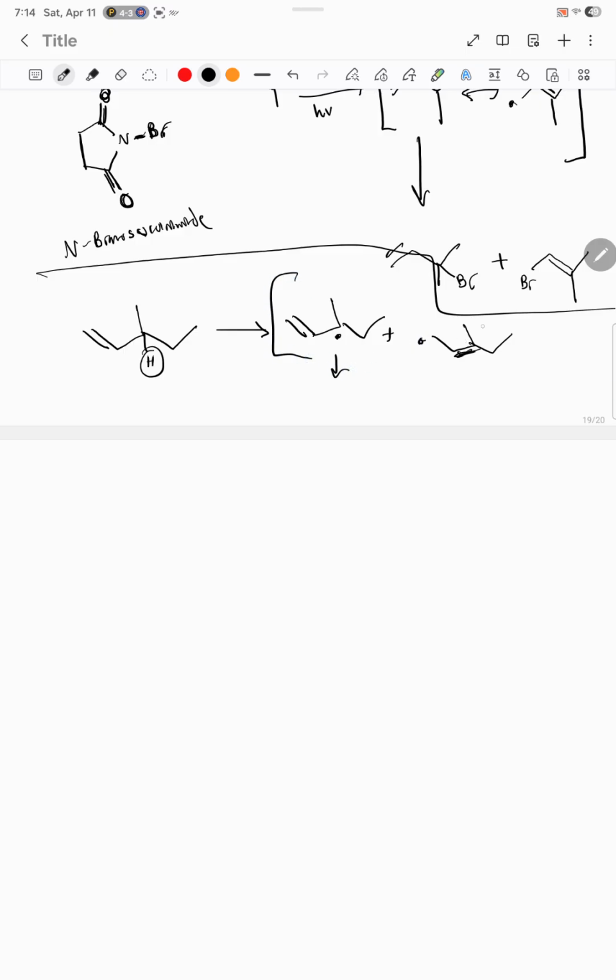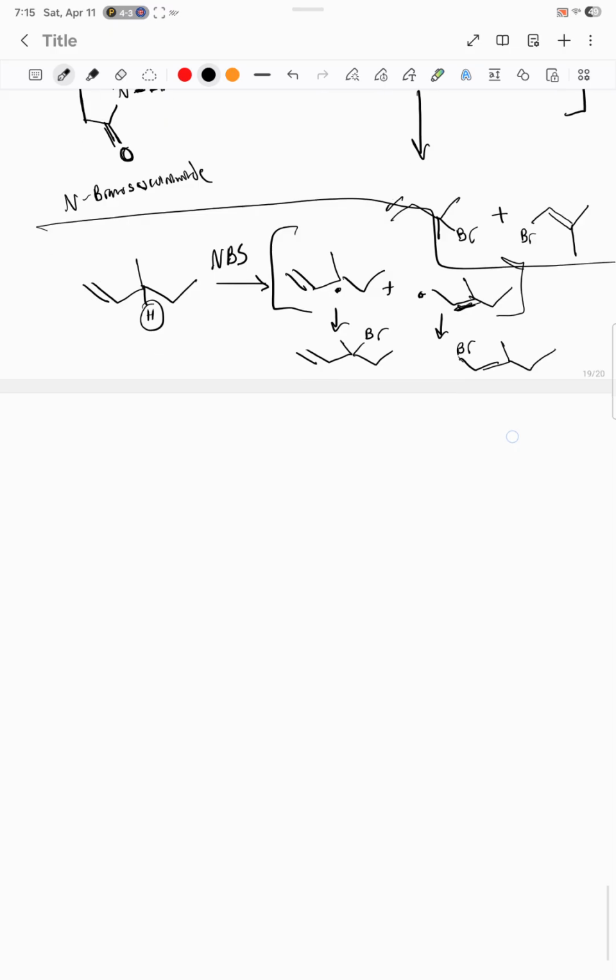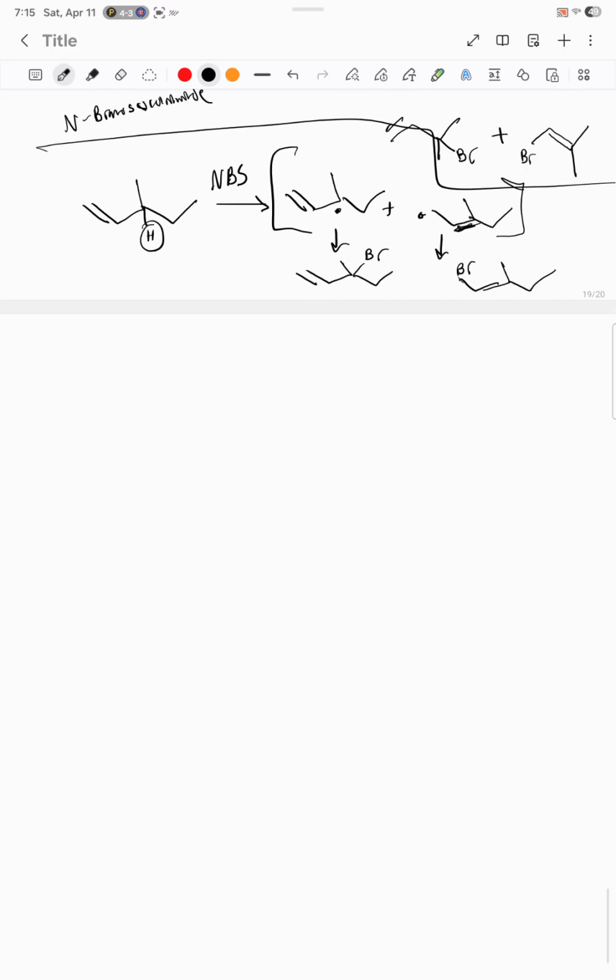So these are the intermediates. If we draw the products, it will look like this. That's what allylic bromination may look like. Bromination and allylic bromination are vastly different. Okay, that was point 28.